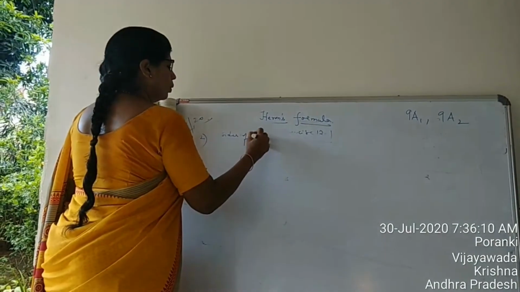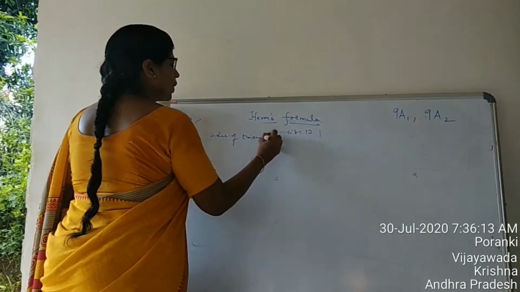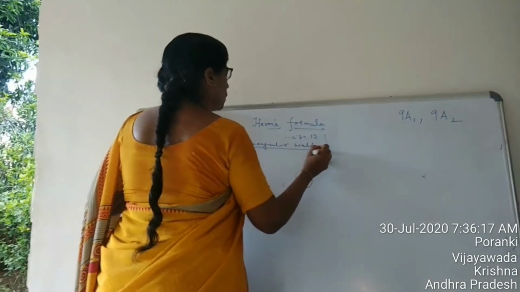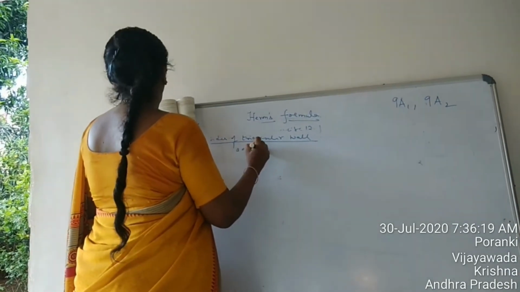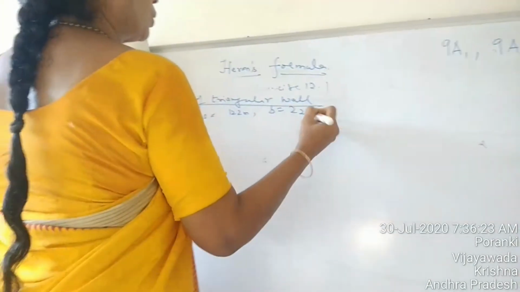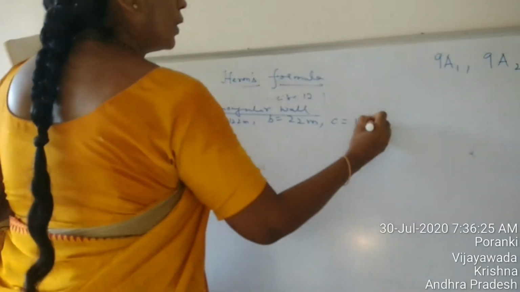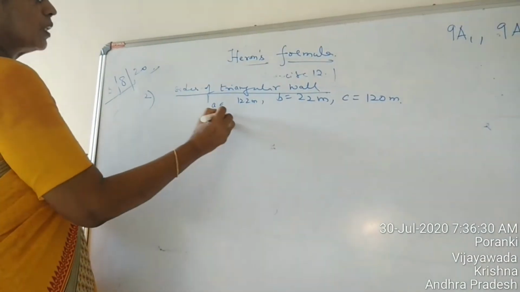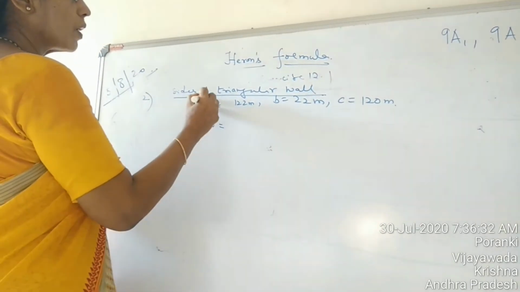Yes, the sides of triangular wall. What are the sides of the triangular wall, children? You don't get confused. We are only using the letters small a, small b, small c. 122 meters and 120 meters. First find the area of triangle, children.